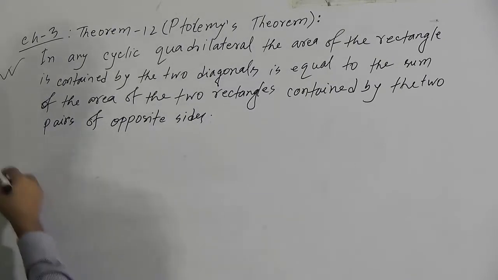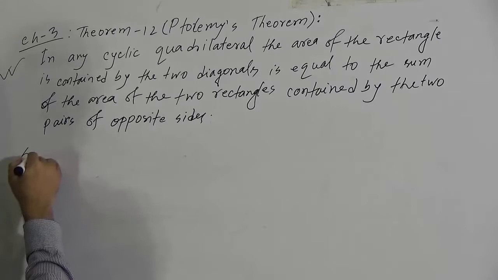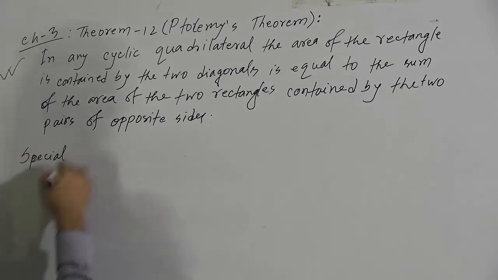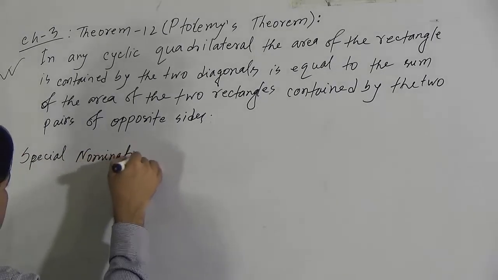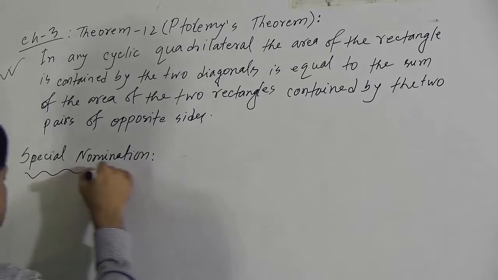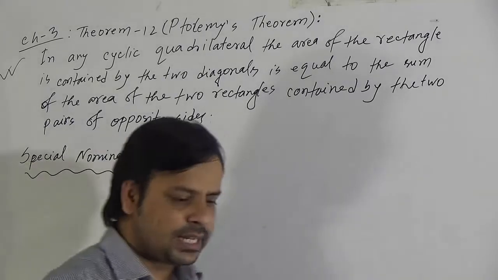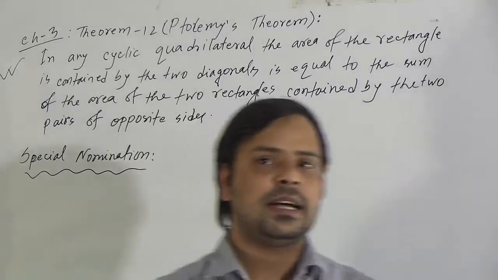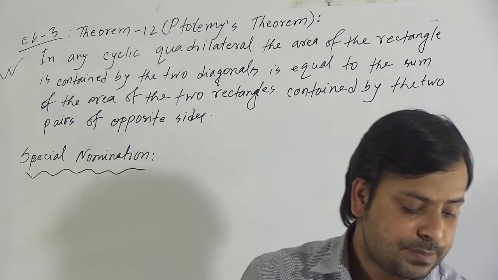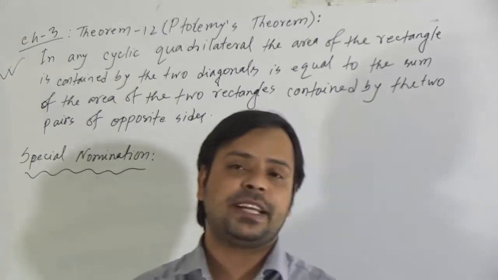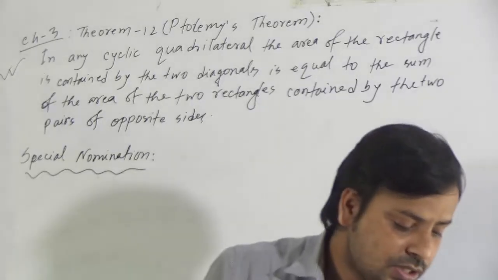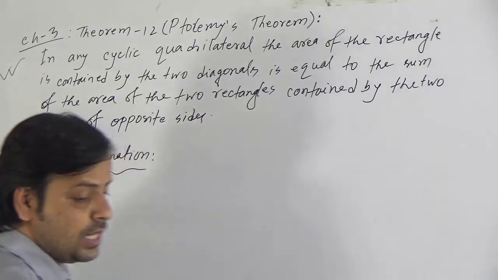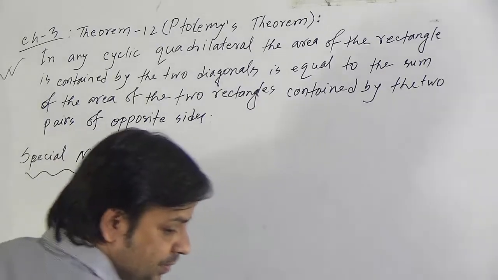To solve it, at first we have to write the special nomination. Dear students, it means we need to write the statement in special nomination, drawing a figure using symbols.